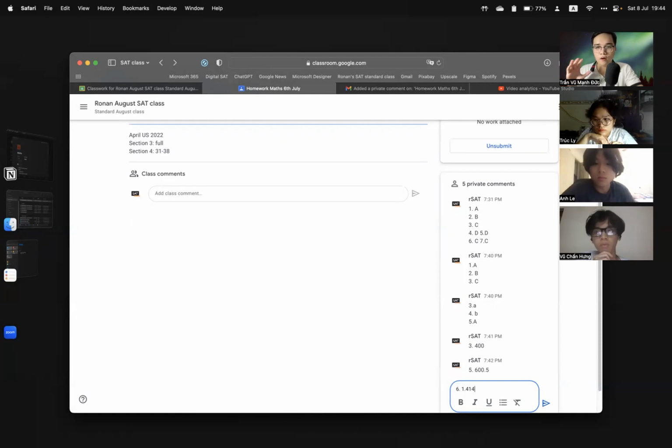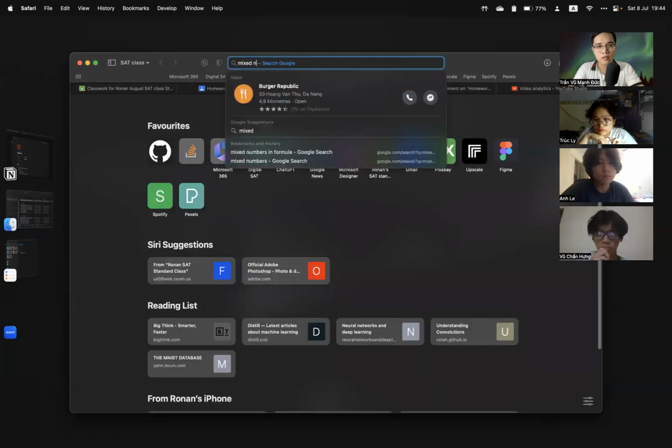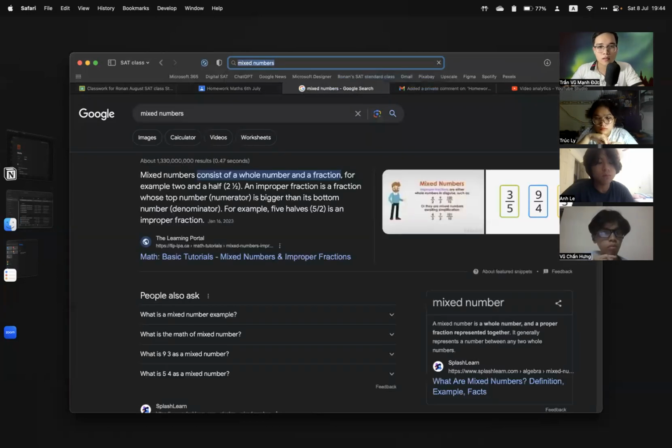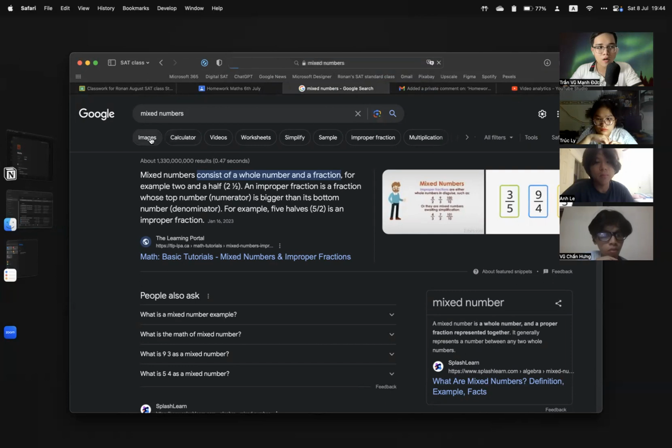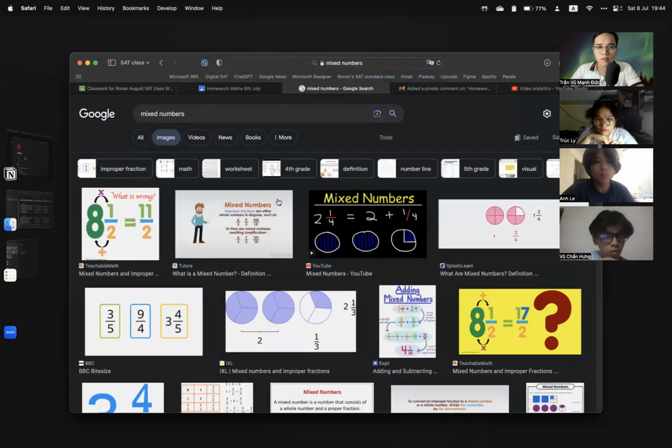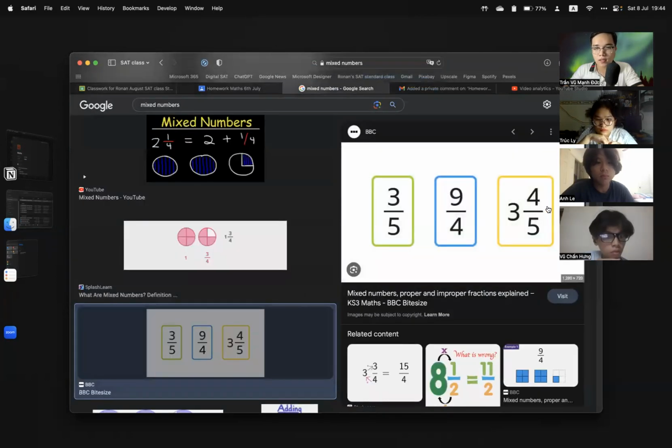Everything on the SAT, even the mixed numbers. This is a mixed number, and when this happens, you're going to have to add them up so it looks like a fraction.